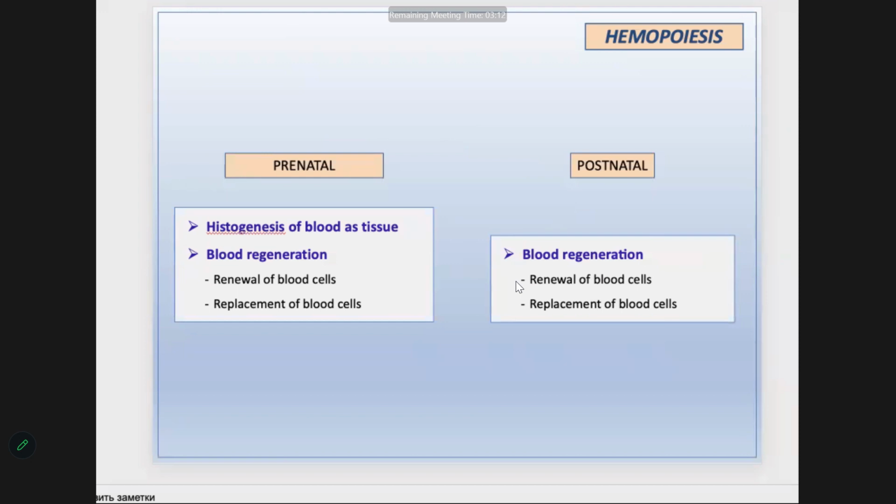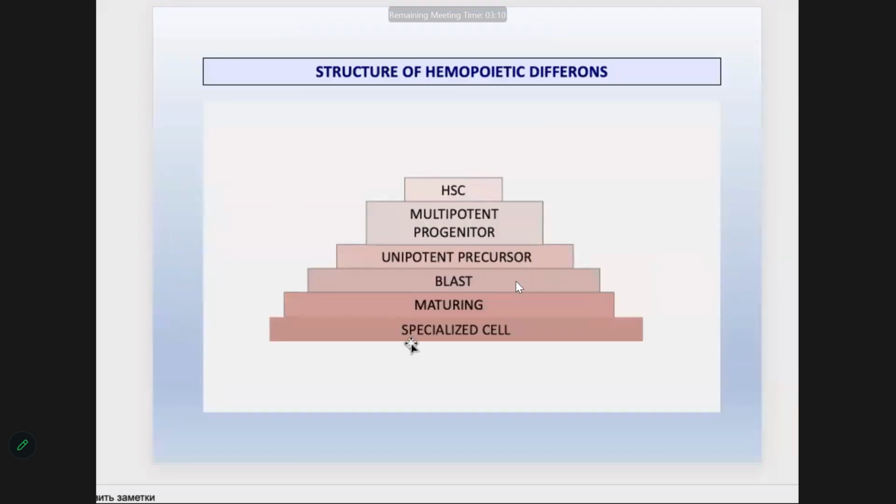So, postnatal hemopoiesis is a formation of new formed elements, and we can see the structure of the hemopoietic differon, how the precursors of formed elements transform into the mature, specialized formed elements of the blood.